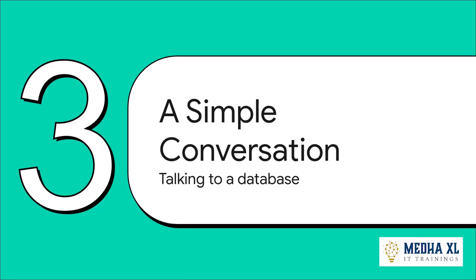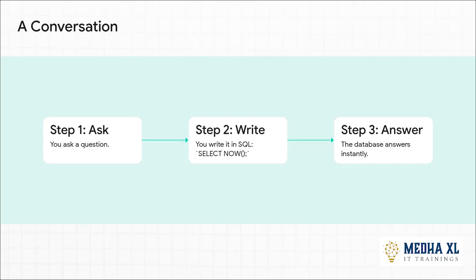Now, I know what you might be thinking. Talking to a database sounds complicated, right? Like something only a supercoder could do. But it's not. It's actually a lot like having a really simple, direct conversation. Let me show you. Check this out. It's just a simple 3-step conversation. Step 1, you ask a question. Let's say, what's the exact date and time right now? Step 2, you just write that question down in SQL.